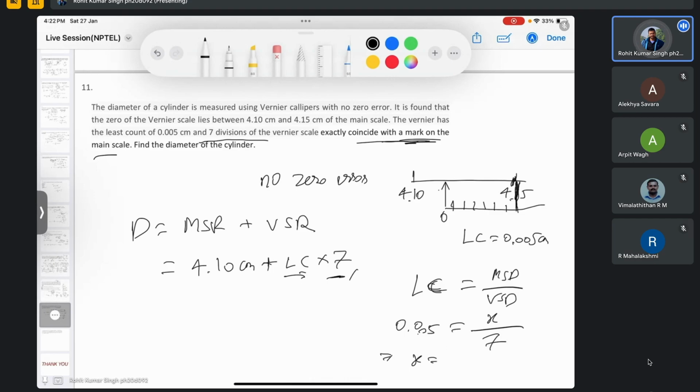So x is what? 0.005 into 7. We can just put this value here, and the answer is 4.135 centimeter. Did you guys understand this question?